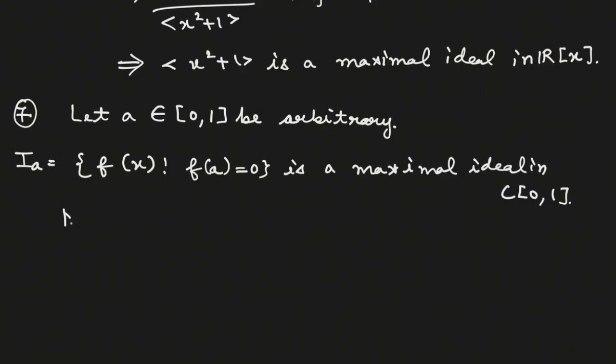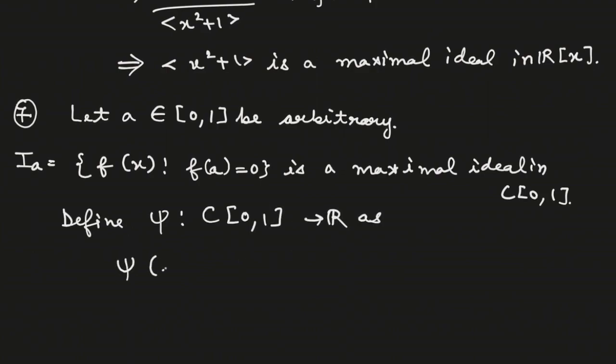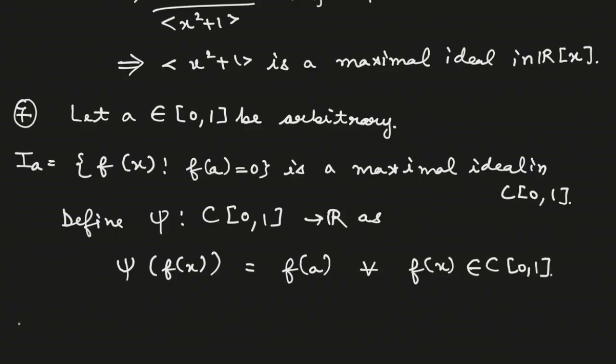Now define psi, a mapping from C[0,1] to R, as psi of f(x), because C[0,1] contains continuous functions, equal to f(a) for all f(x) belonging to C[0,1]. Then psi is an onto homomorphism.